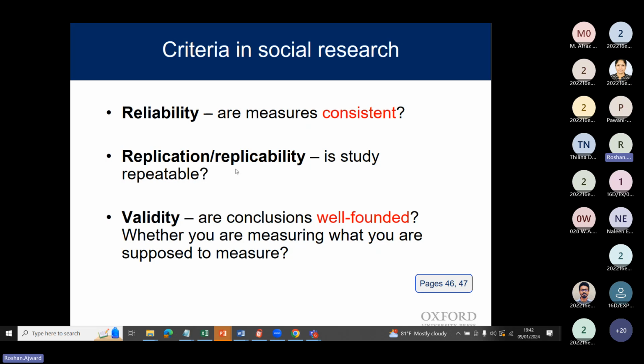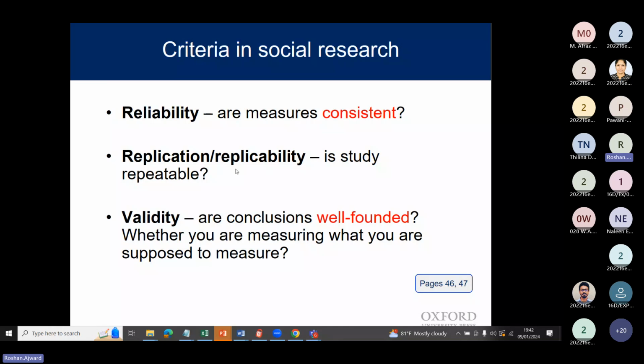If you cannot repeat it and get the same or similar results, then there's a problem. It might not be good research. Let's say, for an example, again, as I told you, at the beginning of the lecture, I gave you a questionnaire. And at the end, if I cannot give that questionnaire to you, we cannot replicate that.